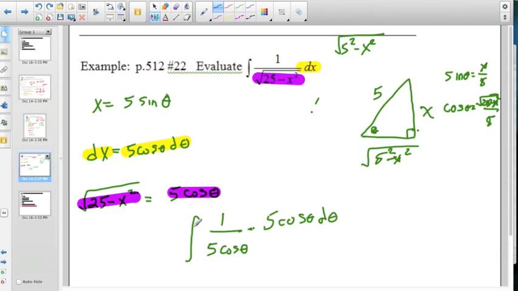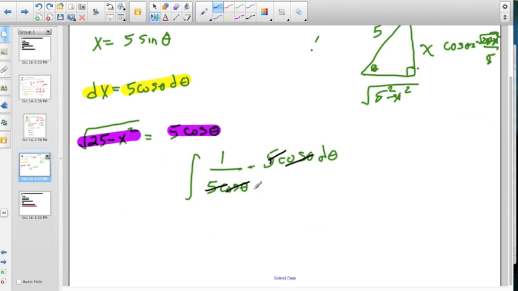And if you notice, we have a lot of canceling. The 5s cancel, the cosine thetas cancel. So what we're left with is just 1. So when we integrate, it's kind of an interesting scenario here, we're left with 1 d theta. And when you integrate 1, you end up with whatever the differential variable is, and the differential variable is theta. So we end up with an answer of theta plus a constant.